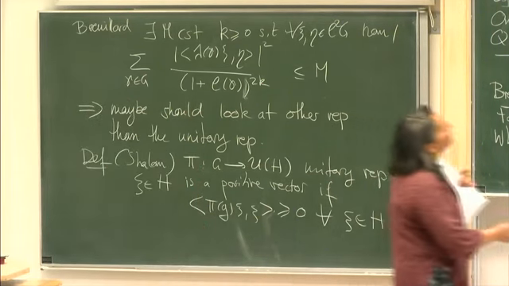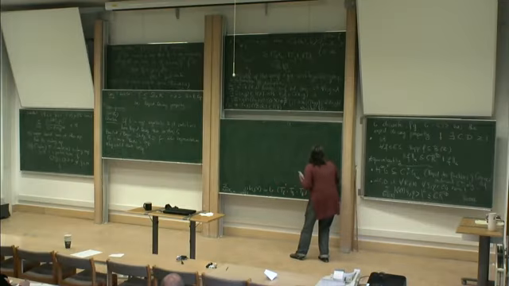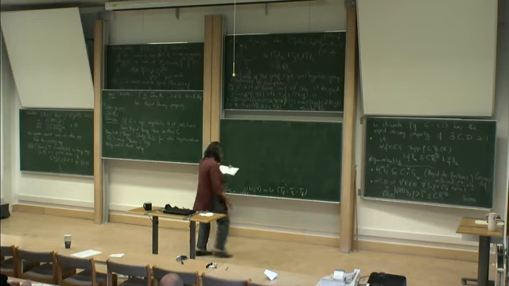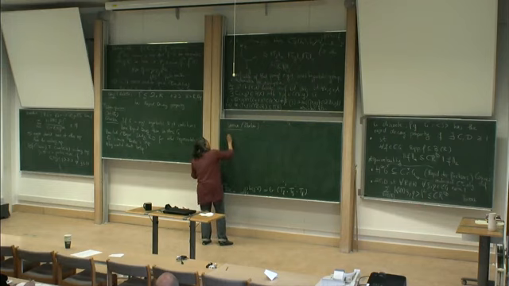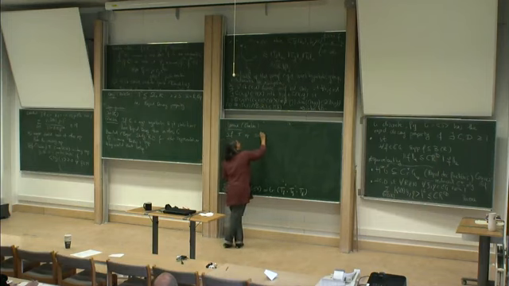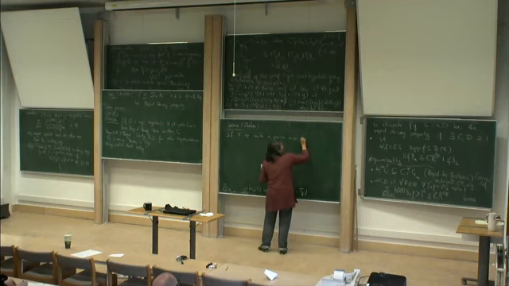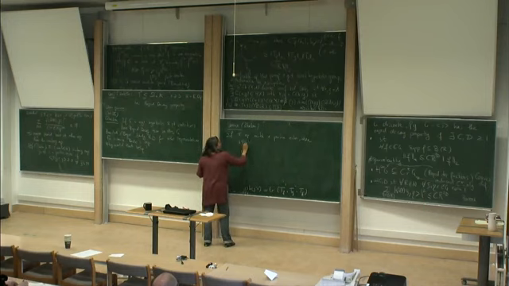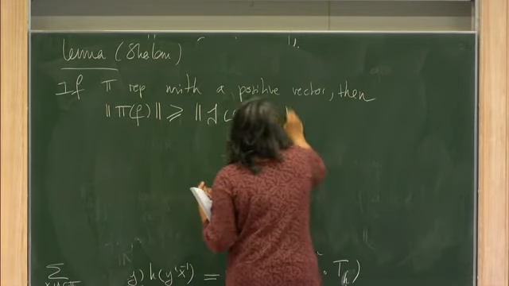Then Shalom has a lemma saying that if pi is a representation with a positive vector, then it's always bigger than the regular representation, for all f in CG.